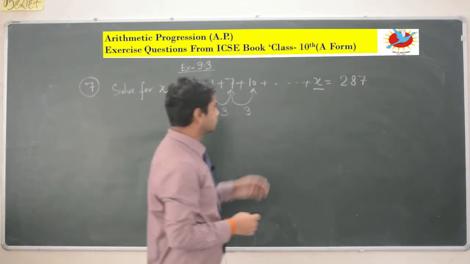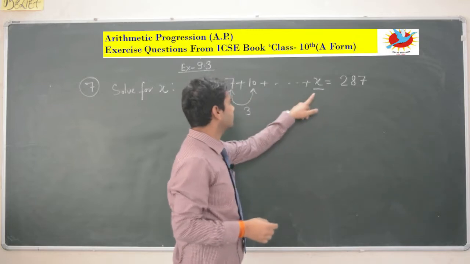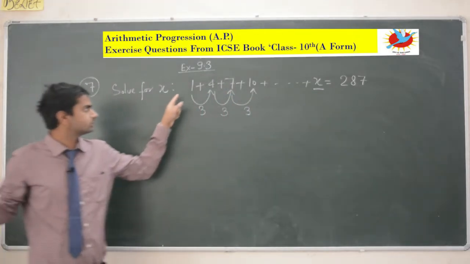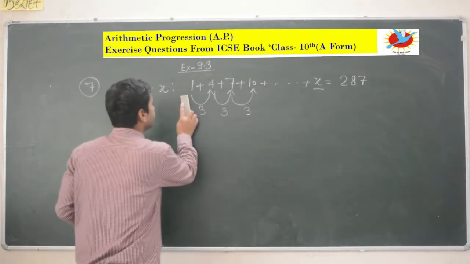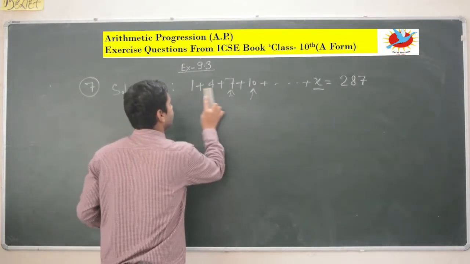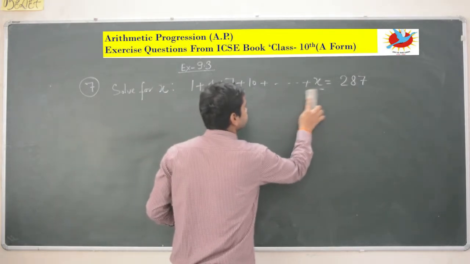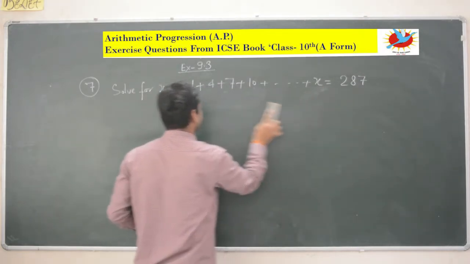Now the last term in this series is x, and we don't know how many numbers are in this sequence, so there are two unknowns. We don't know the value of n, and we don't know the last term x, and we have to tell the last term.